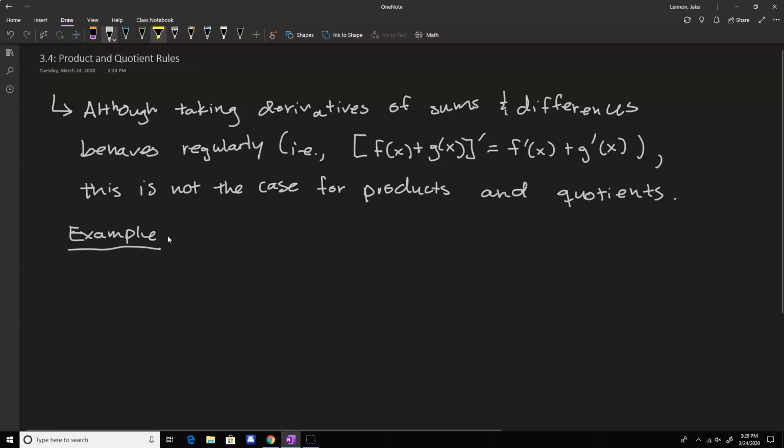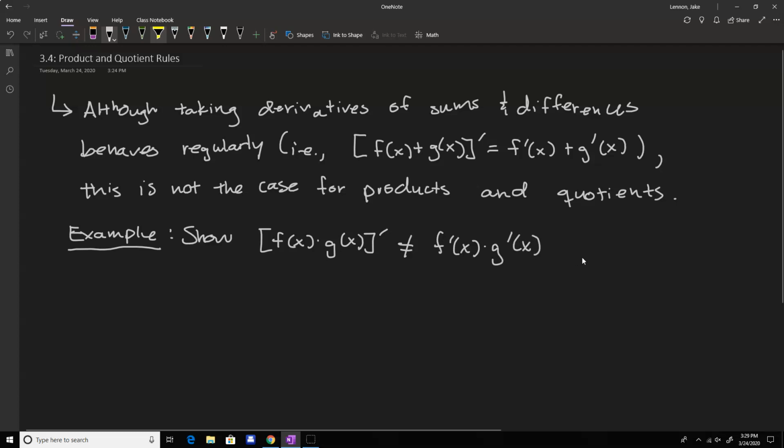So what I mean basically is, if you look at f of x times g of x and you try and take its derivative, it won't be f prime times g prime. So we want to show that with a counter example. If you take the derivative of f of x times g of x, it is not, in general, the same thing as f prime of x times g prime of x.